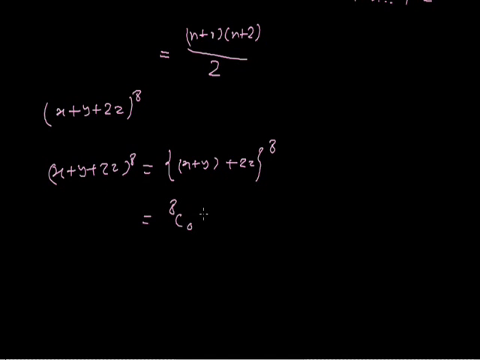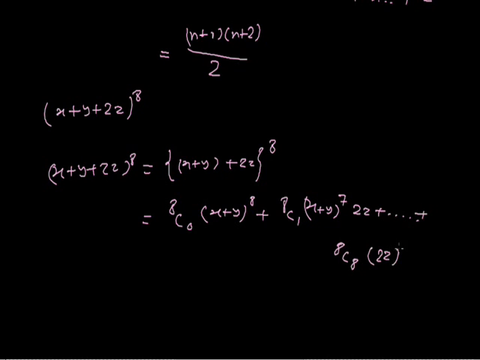According to the binomial theorem, the expansion is 8C0 (x + y)^8 plus 8C1 (x + y)^7 (2z) plus up to 8C8 (2z)^8.